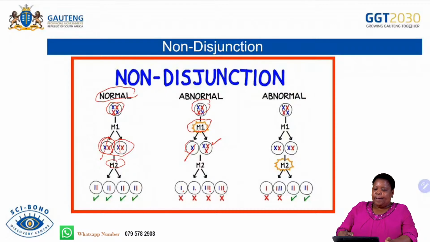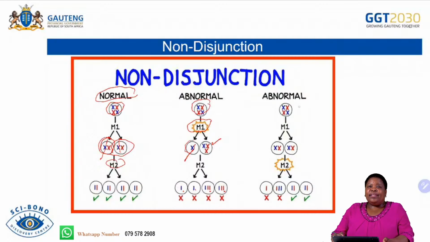This means the meiosis in this case is abnormal. Why abnormal? It's because chromosomes failed to separate. And when chromosomes fail to separate, we call that non-disjunction.